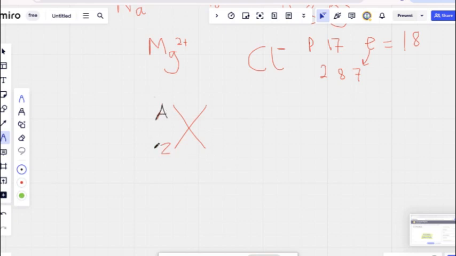So when we're looking for the number of neutrons, the number of neutrons is the mass number or the nucleon number, which is A, minus the proton number, which is Z. The neutrons plus the protons make up the nucleus. So anytime we're looking for the neutrons, we take the mass number or the nucleon number minus the proton number. Then we can get the number of neutrons.